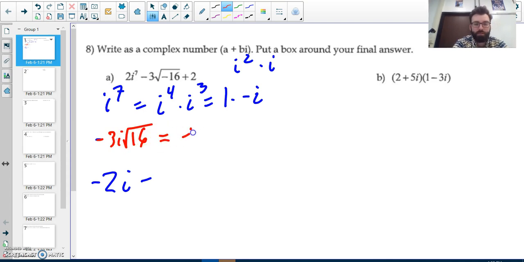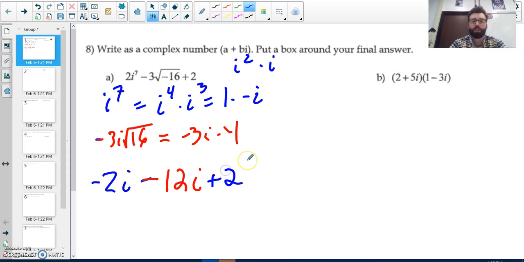Well, this is negative 3i times 4, which makes this negative 12i, and then I have plus 2 on the end. I just did a lot of work there, all right?